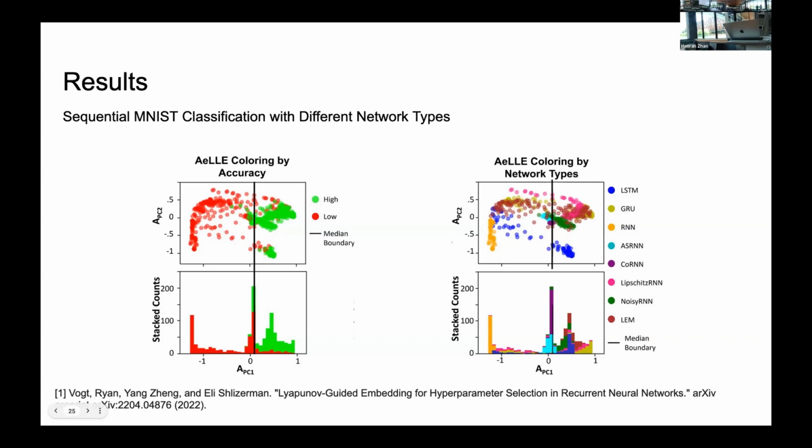But we also do the clustering based on the accuracy. As you can see, no matter what kind of RNN variant, most of the good ones are clustered on one side, and the bad performance models are clustered on the other side. So that means this method is able to generalize to different RNN architectures.